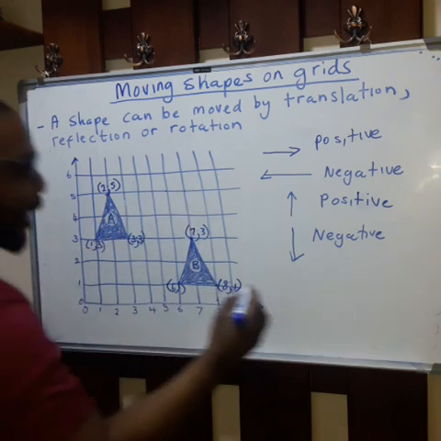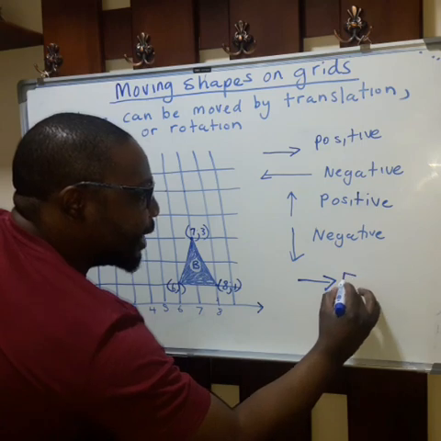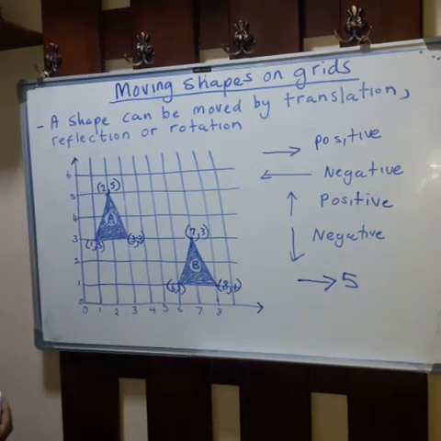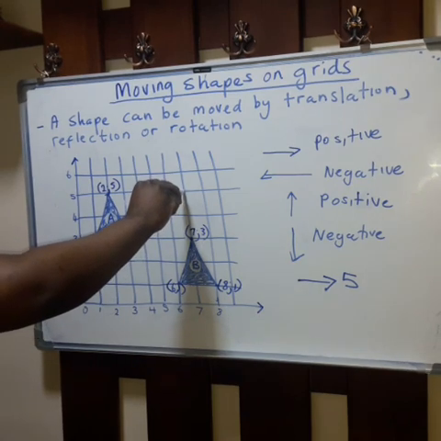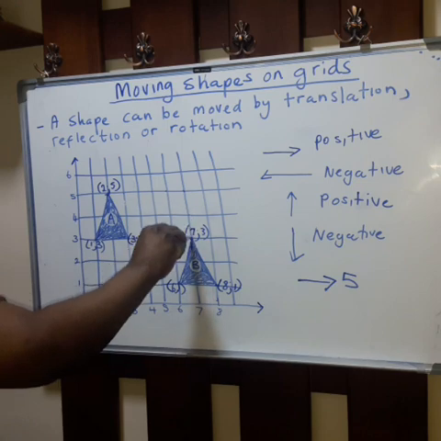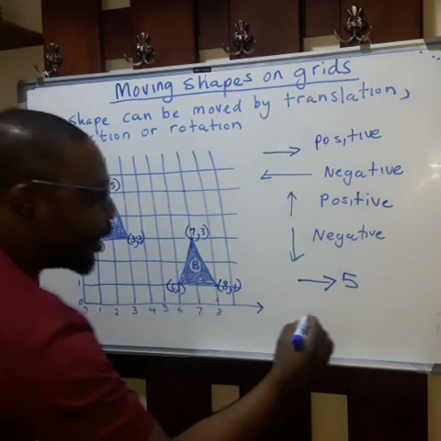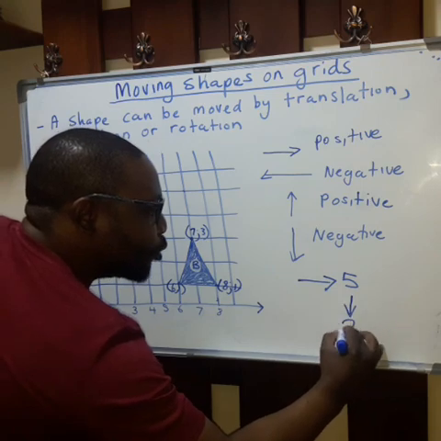So 5 steps to the right. And so I have to put an arrow like that. And I say 5 like that. Then from there, I can see that I have to go down. So it's now 1, 2, going downwards. So then I can put another arrow like that, 2.